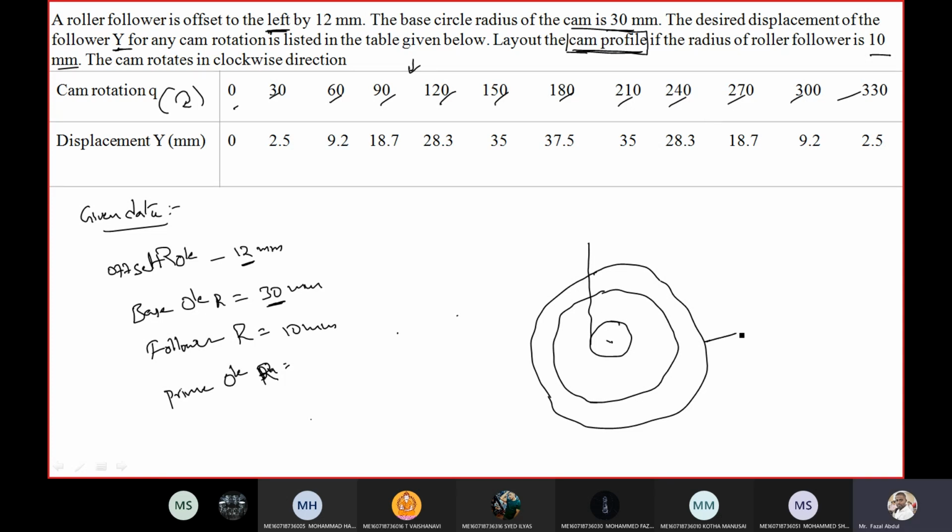This one is the prime circle, this is the base circle, and this is the offset circle. So divide the prime circle into 12 parts. Before dividing, start from here. So I am starting from here.